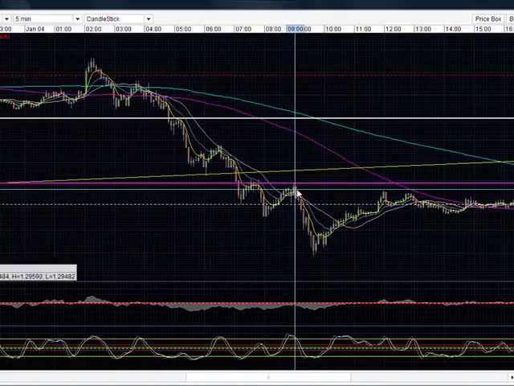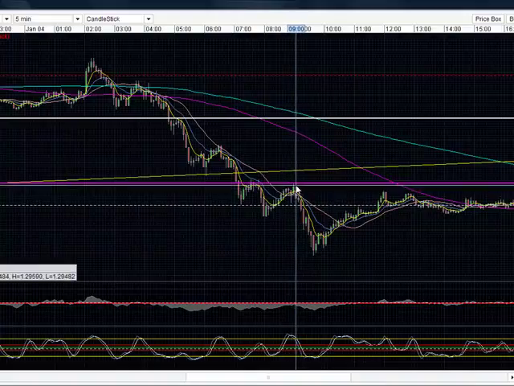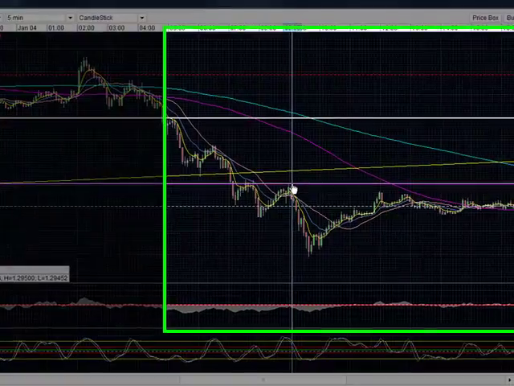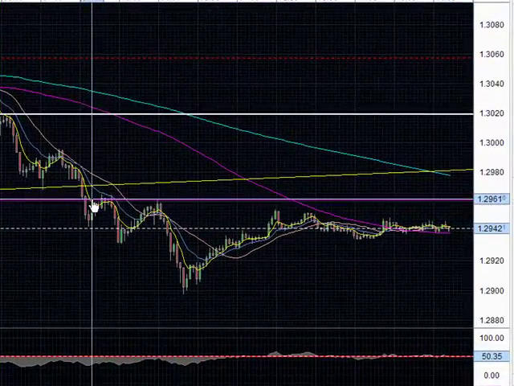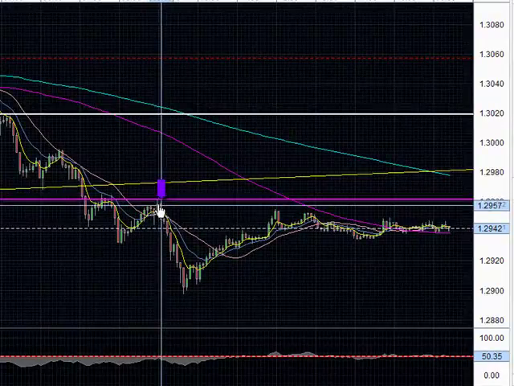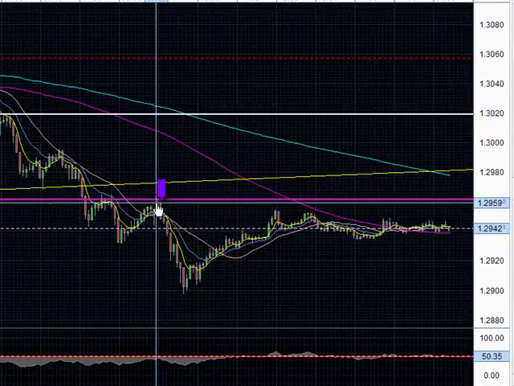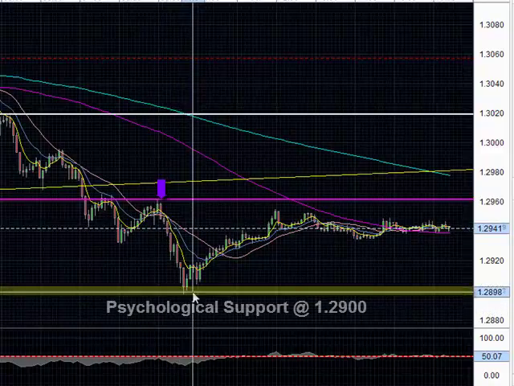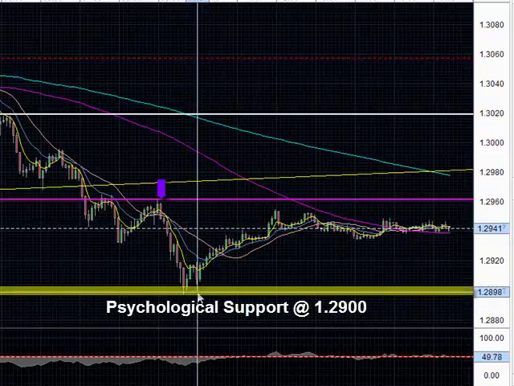Right here at this level, you can see that this was our S1 level from our pivot point calculation at 2961, and it was prior support, but it's now our resistance. So we could have entered a short order or sell order for the Euro US dollar pair at this level at 2961, and you could have closed this trade out near the psychological support at 2900.